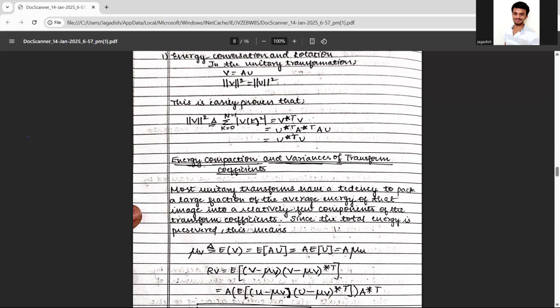A into E into (u minus nu v) into (u minus nu v), the whole transpose into A star transpose.